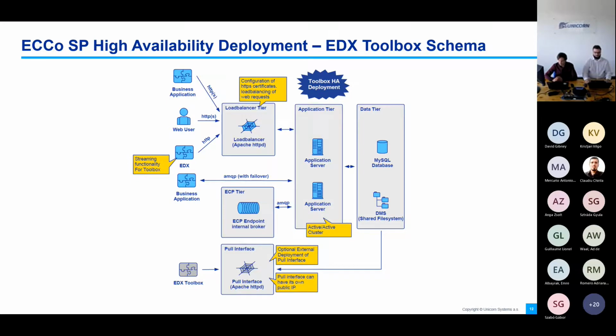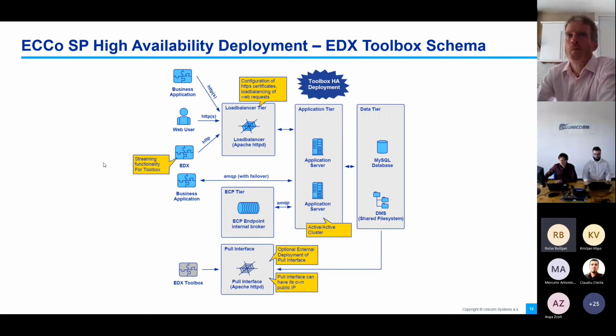What I was wondering, for example, about this high availability deployment, here the perception is that each component resides in its own logical server or in its own logical container.